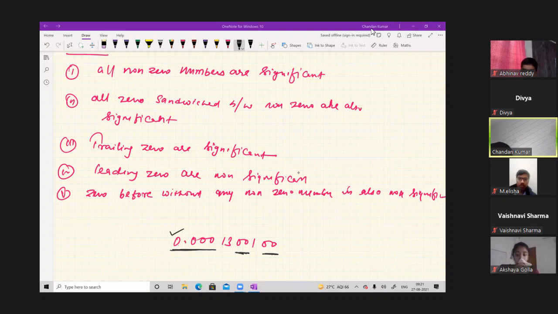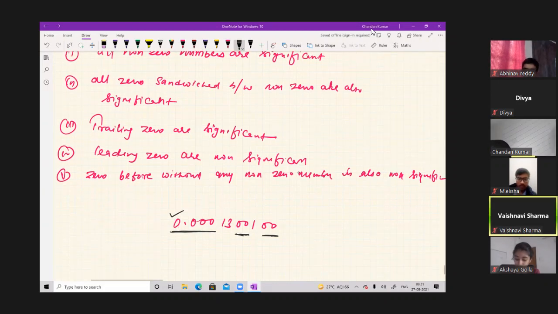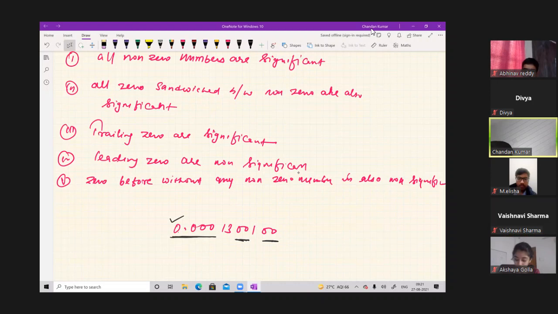You know how to delete temporary files? Yes, sir. Just delete the temporary files, restart it, it will be okay. It should not create problems, unless you download Windows 11. Okay, sir.